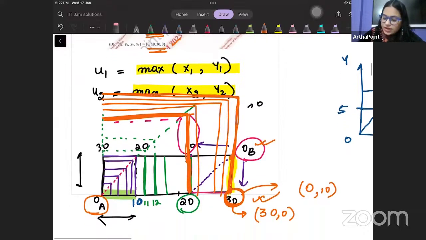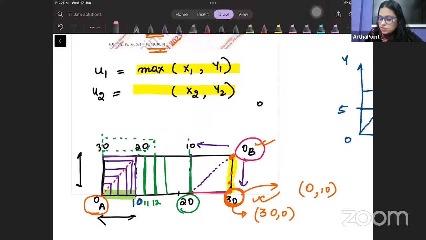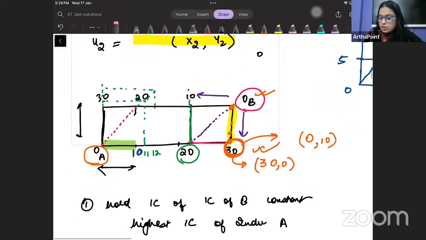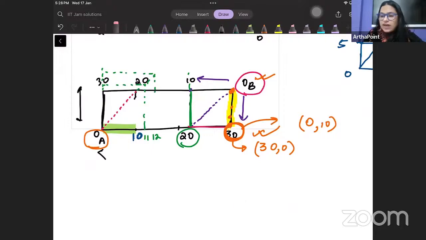Now we can go ahead and do the reverse also. So if I just remove all of this and reverse the concept, and I ask you, which is the highest IC that B can attain? All the ICs of B will have a shape such that this is his origin.